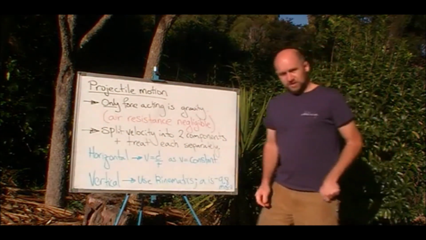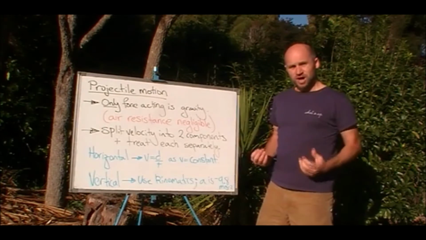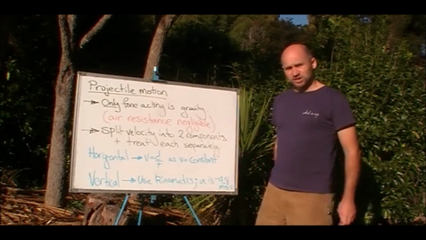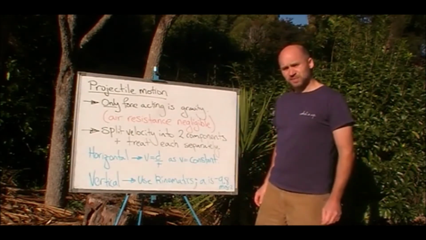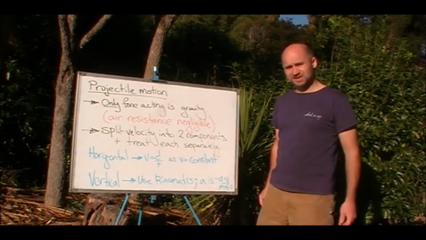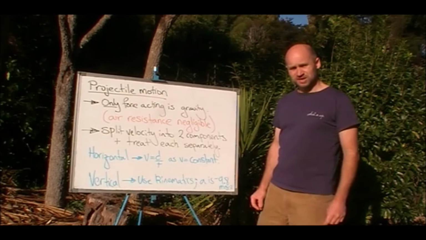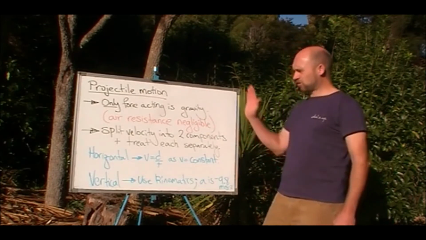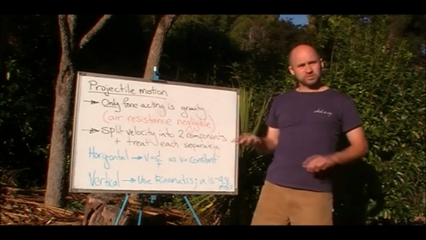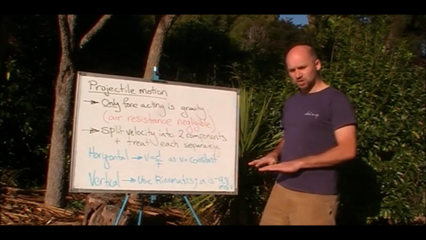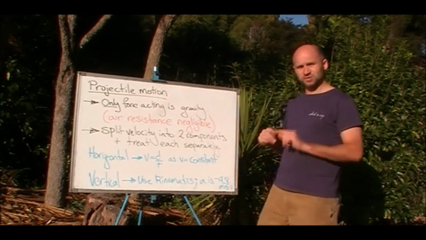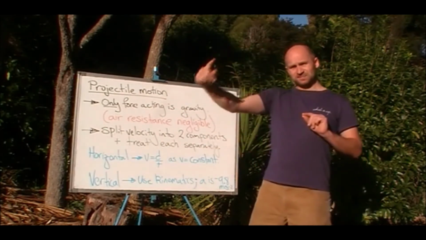The only other thing that we need to know about projectile motion is the shape of the path. The shape of the path is like an x-squared graph in mathematics, but flipped the other way up. It's a parabolic motion, which means that if you start somewhere horizontal and you finish somewhere horizontal, it's going to be completely symmetrical.